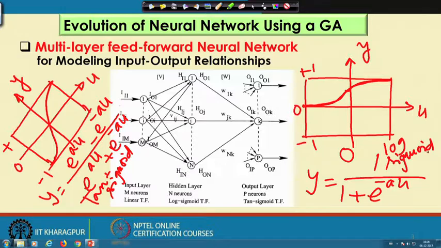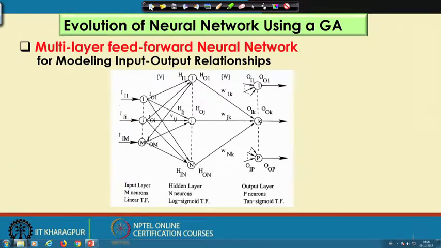Here, we are going to use some special type of transfer function. For example, on the input layer, we are generally using some sort of linear transfer function, where the output is nothing but the input, like y equals u.